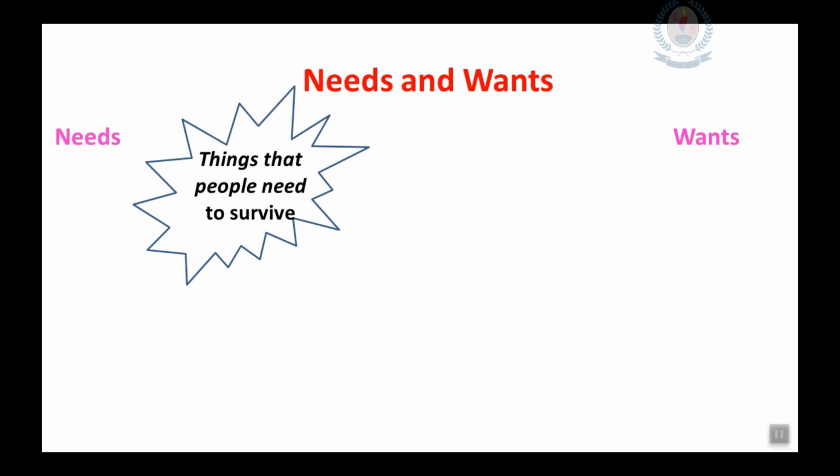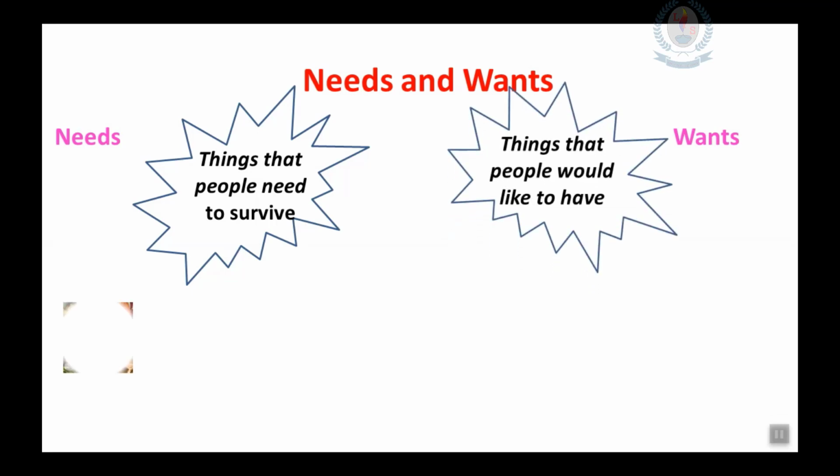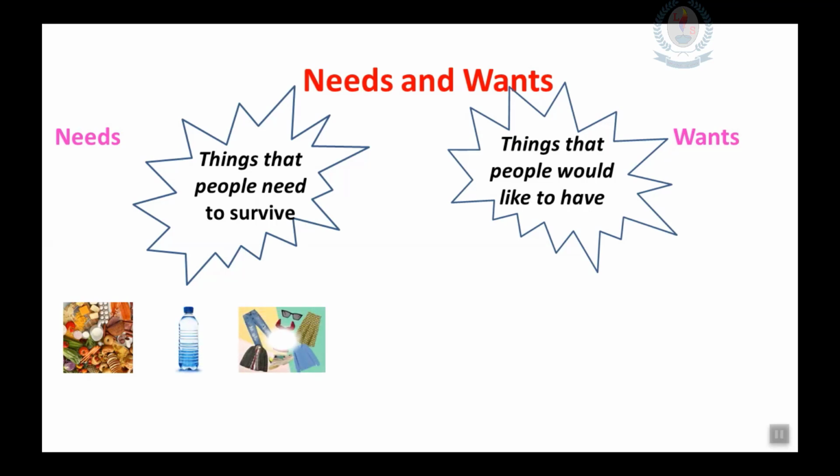We need a specific number of items to live. Food, water, clothes, shelter. These things are basic survival necessities. These things are very much essential for our lives. Without these things we can't survive.